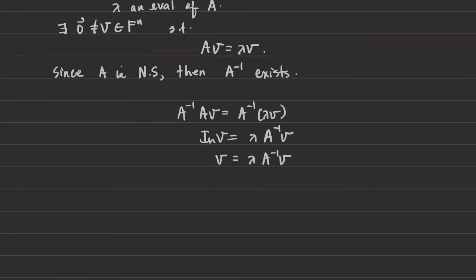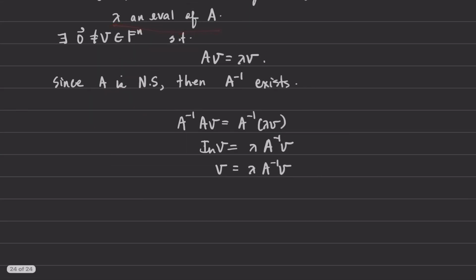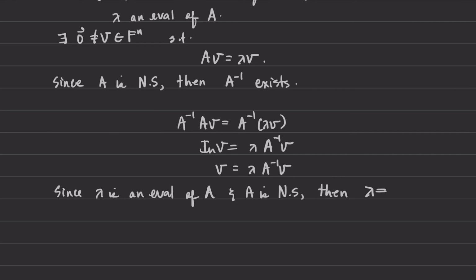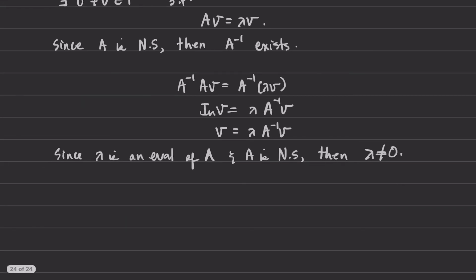So, since lambda is an eigenvalue of A, and A is non-singular, then lambda is not 0. Mini-make sure ko na non-zero yung lambda kasi gusto ko mag-divide ng lambda on both sides. So, A inverse V is equal to 1 over lambda V.